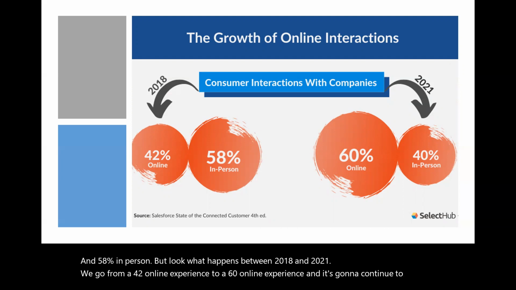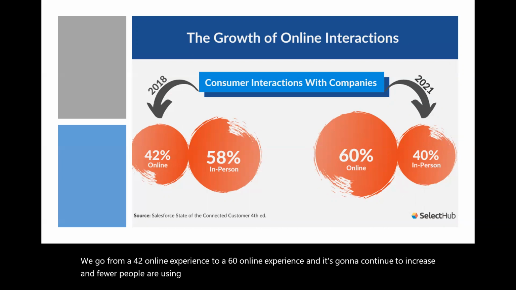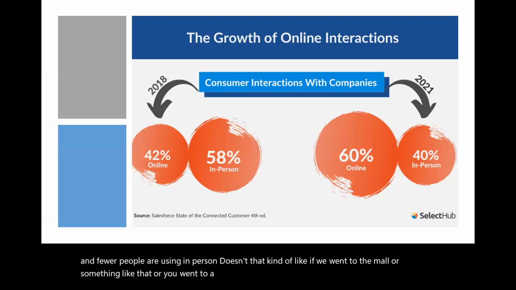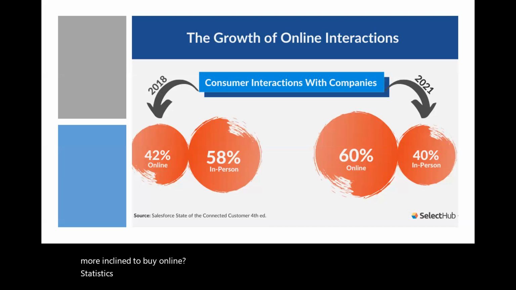And fewer people are using in person. Isn't that kind of like if we went to the mall or something like that, or you went to a store, are you more inclined to go to a store or are you more inclined to buy online? Statistics show you're more inclined to use online than doing in person.